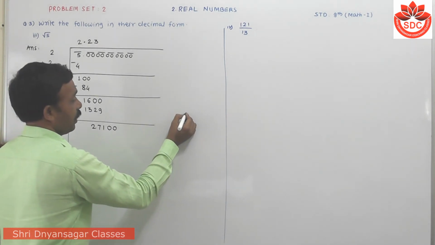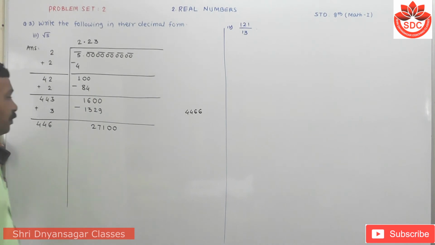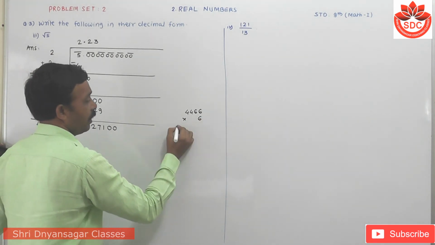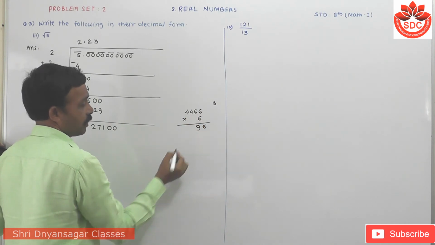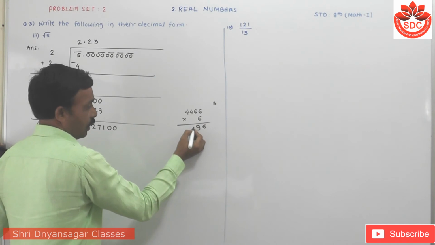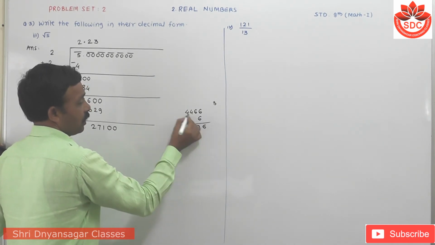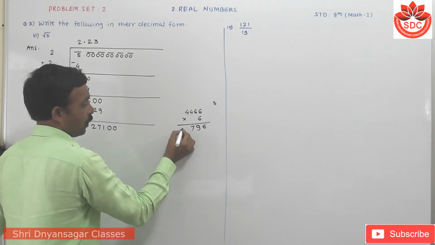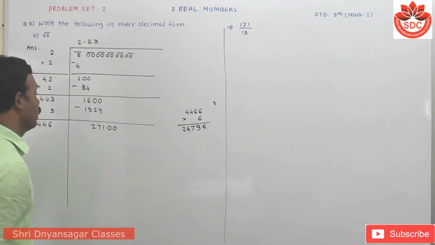So we take 4, 4, 6 and 6. Then when we multiply it, 6 6s are 36, carry 3. 6 6s are 36 plus 3 is 39, carry 3. 6 4s are 24 plus 3 is 27, carry 2. 6 4s are 24 plus 2 is 26.